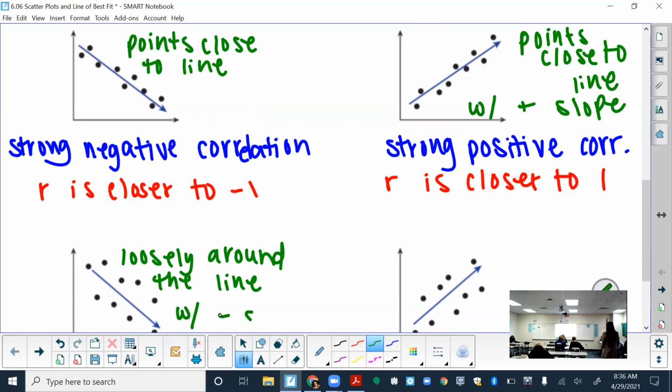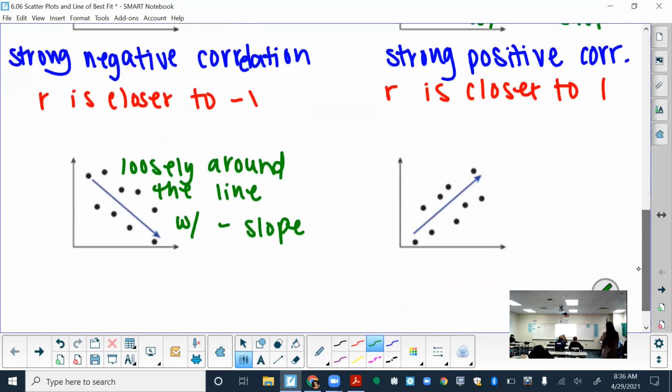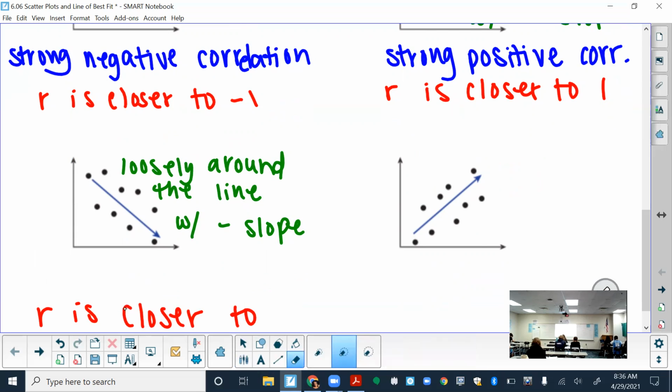So with a negative slope. So how would you describe the correlation? So the R value we could say is closer to 0 would be no correlation, right? Since we can tell a slope in this one, it probably won't be as close to 0. We could say that it's in between 0 and what?